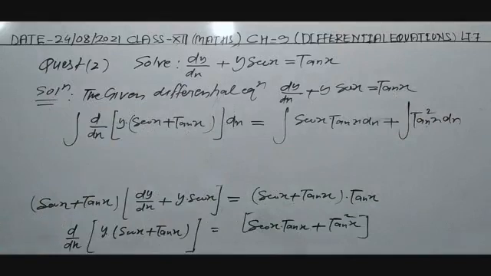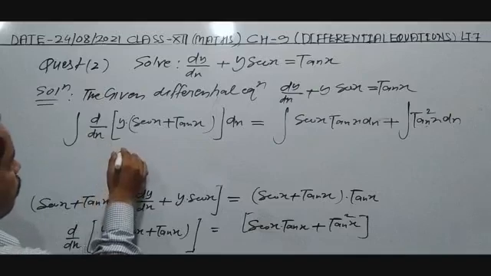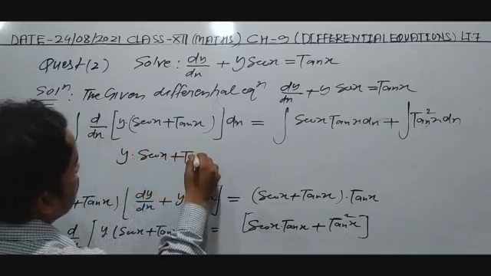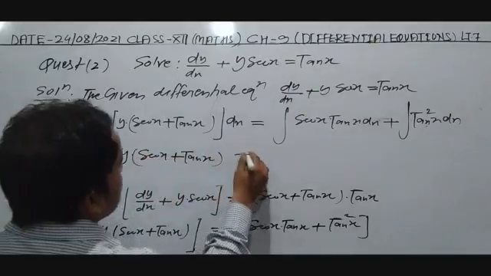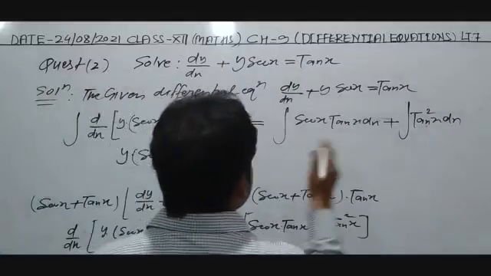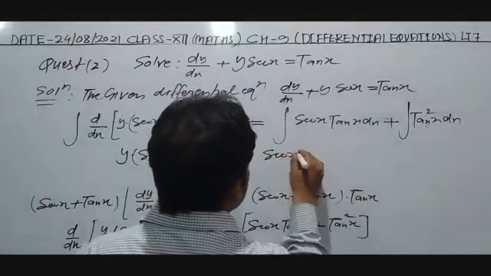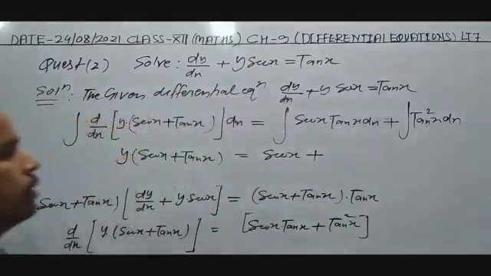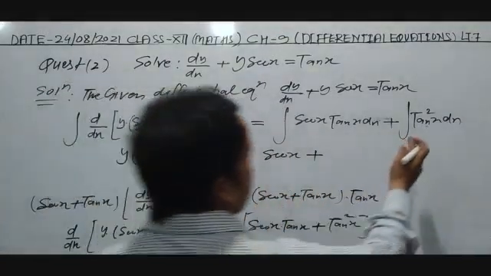Now integration and derivative, the antiderivative will cancel out, so the result will be y times (sec x plus tan x) is equal to, you know its integration is sec x. And now its integration we can solve by using trigonometry.